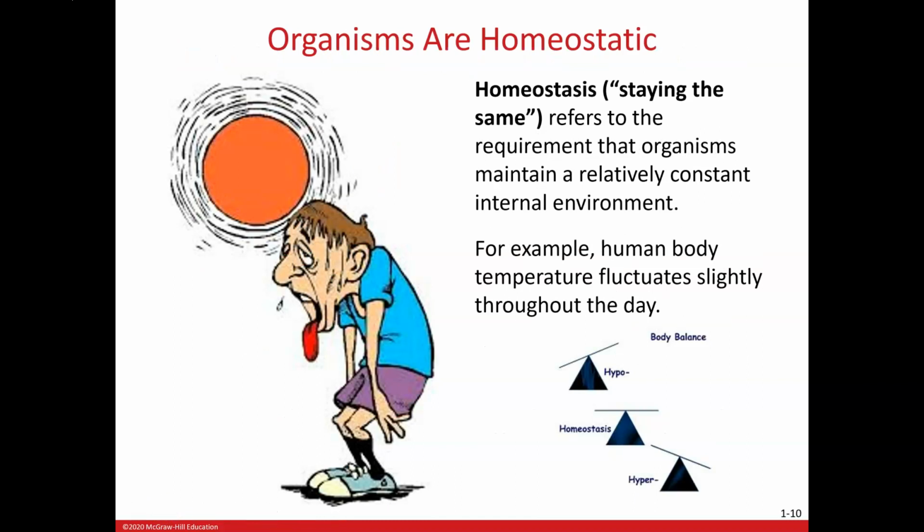All living things have to be able to maintain relatively consistent internal conditions. And so this is termed homeostasis, or staying the same. And all living things have to do this. In humans, you can see the homeostatic mechanism when you sweat. So if your body temperature starts to increase, that's dangerous.